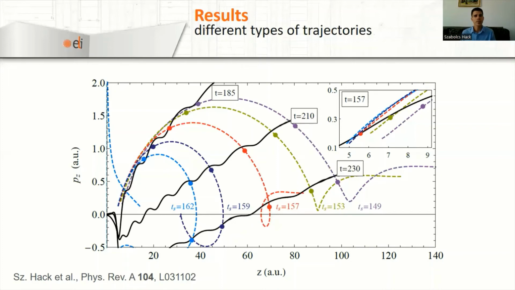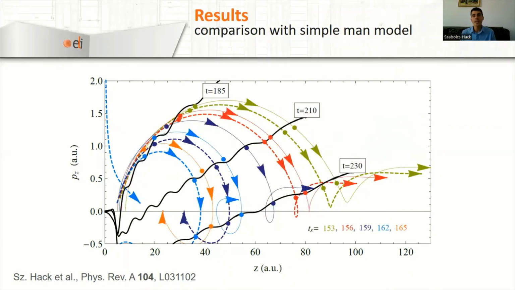On this next figure, we can compare our new trajectories, marked with dashed lines, with the improved Simpleman model, marked with solid lines. The trajectories of the improved Simpleman model start at the instantaneous tunnel exit with zero exit momentum, and in addition neglect the Coulomb interaction.